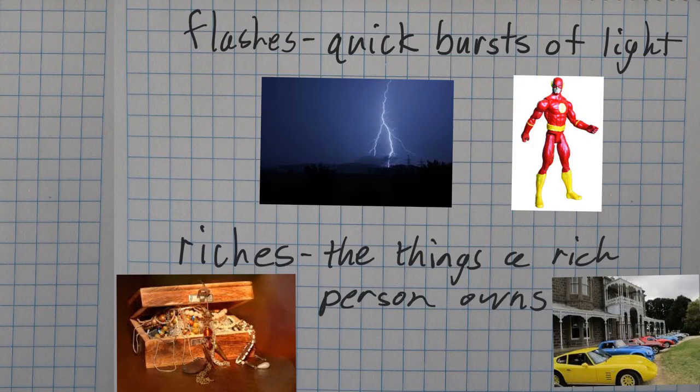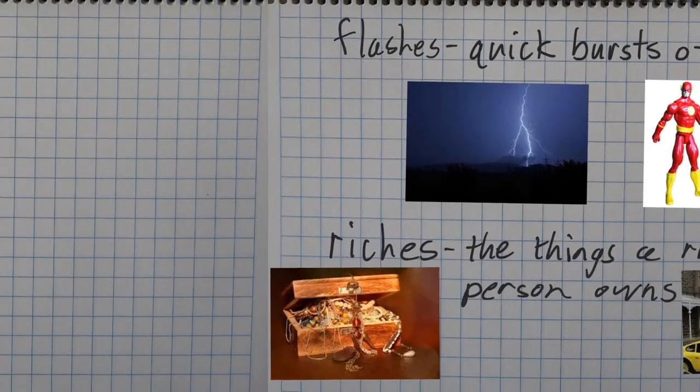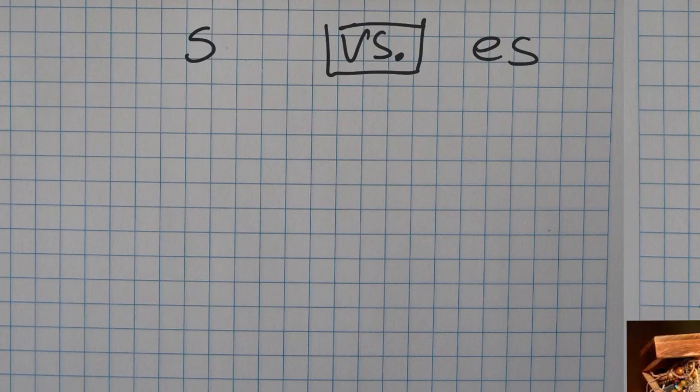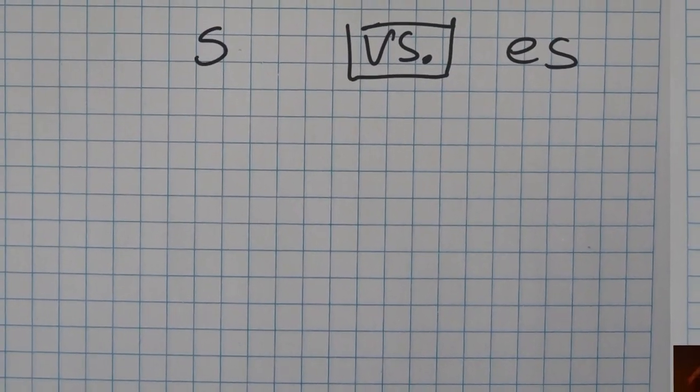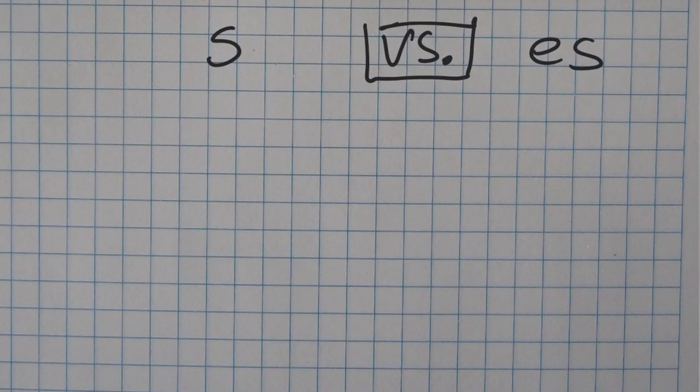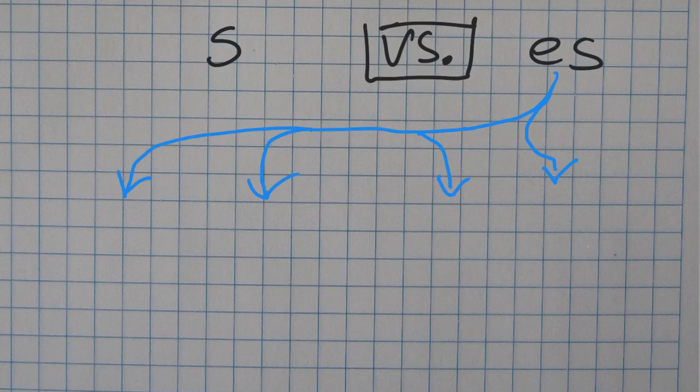Okay, and finally, let's take a look at why. When do you use S and when do you use ES? And basically, the way this works is you have to look at the ending of the words. So if a word, a noun, ends in SH, CH, double S, or X, you will use ES for the plural.